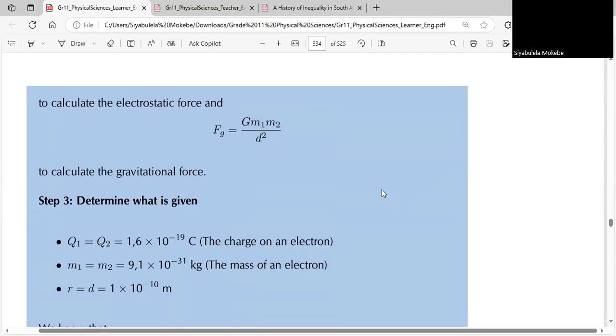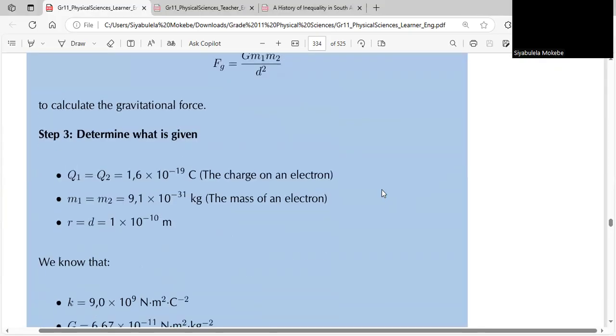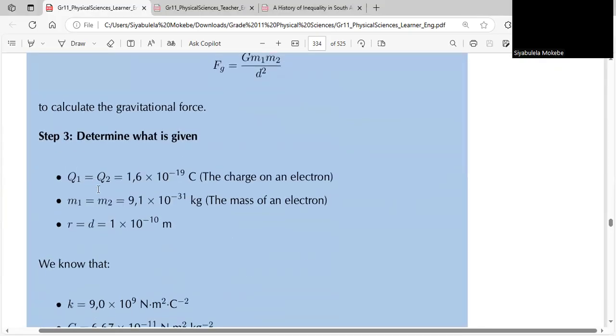Now some important things to remember. The charge of an electron is 1.6 times 10 to the negative 19 coulombs, and the mass of an electron is 9.1 times 10 to the negative 31 kilograms. It's a very small thing. And then the distance is 1 times 10 to the negative 10 meters.